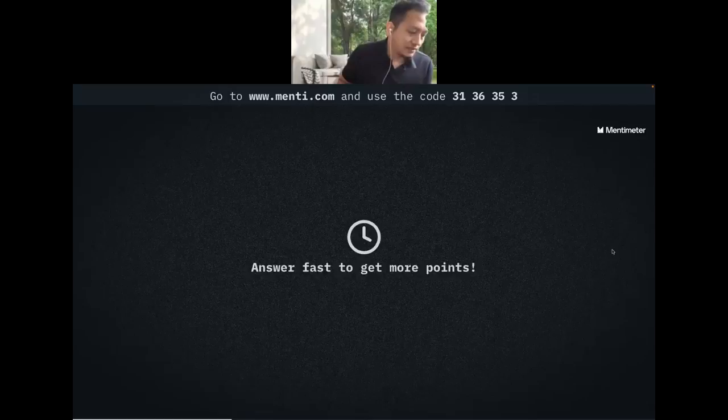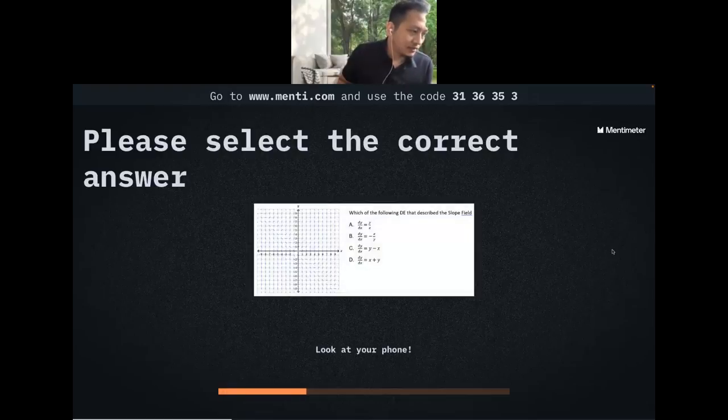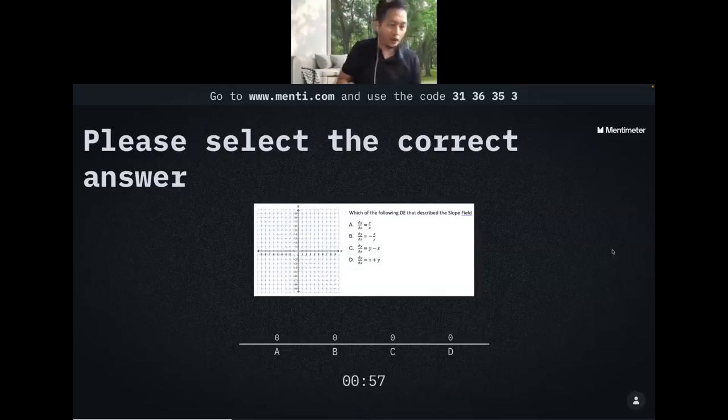All right. Number 2. I'm sorry if this seems too small, but I hope you get the idea. You have the slope field and just need to check which slope field is on the picture.